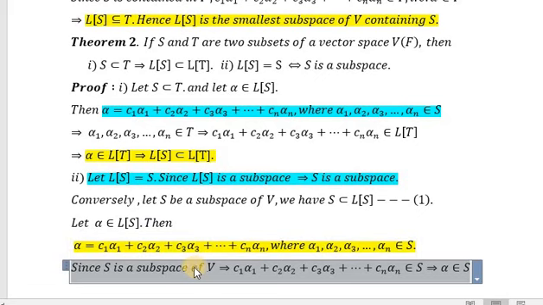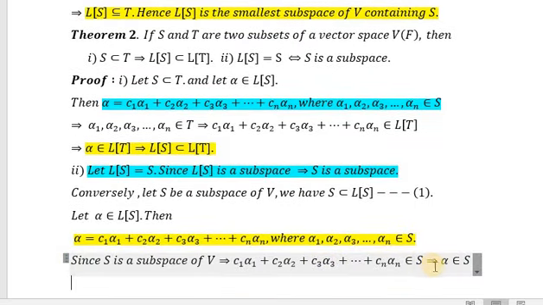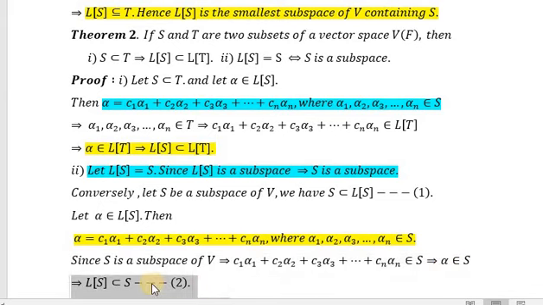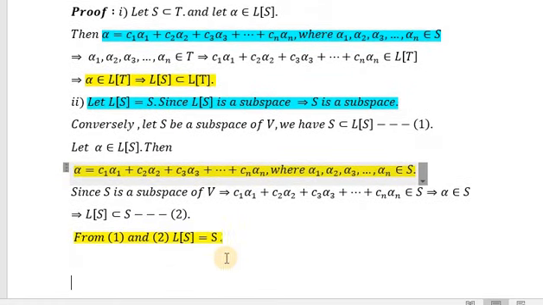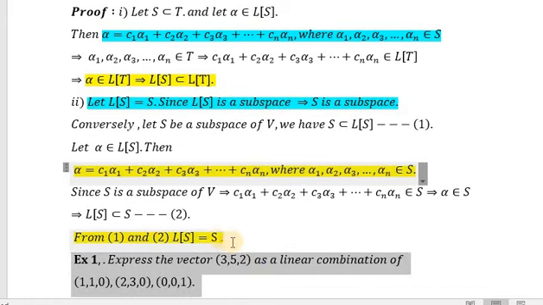Since S is a subspace of V, c1 alpha 1 plus c2 alpha 2 plus c3 alpha 3 belongs to S. That further implies alpha belongs to S. Therefore, the linear span of S is a subset of S. So, by 1 and 2, it is clear that the linear span of S is equal to S.